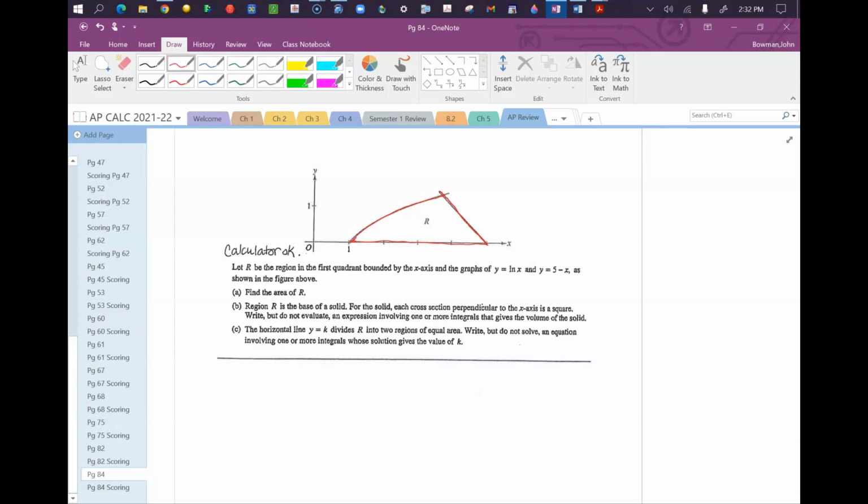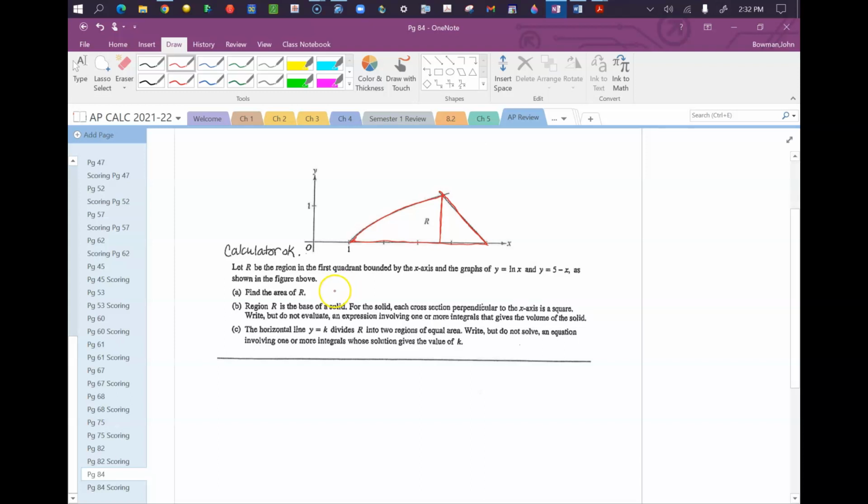So you could integrate this with respect to x. If you're going to do that, you're going to have to switch over at this x value right here where I've drawn the vertical line from ln x to 5 minus x.